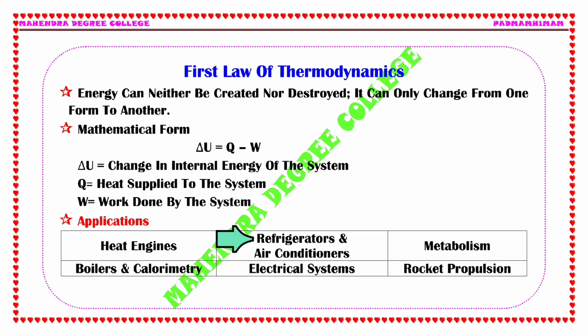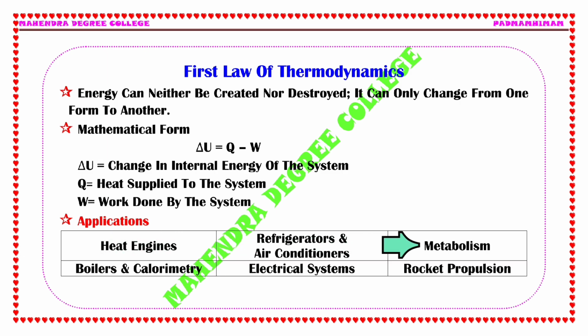According to the first law, energy is conserved, but external work is necessary for reverse heat flow. Example: domestic refrigerators and air conditioners.